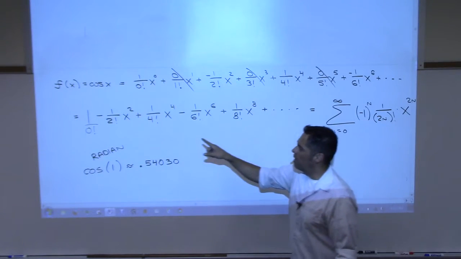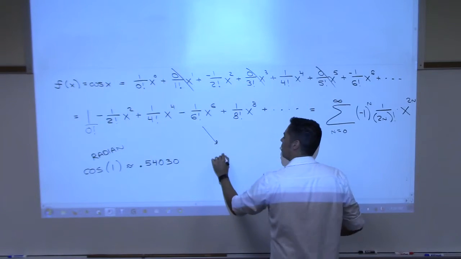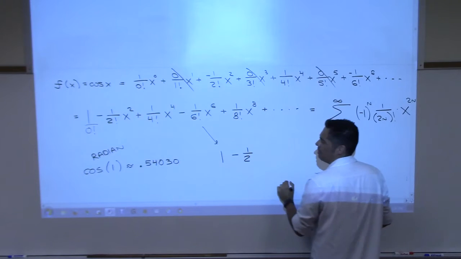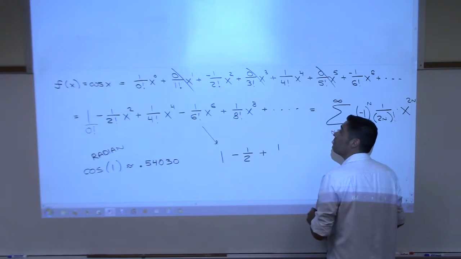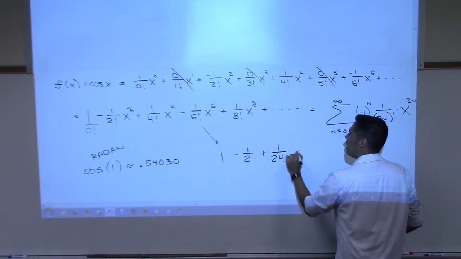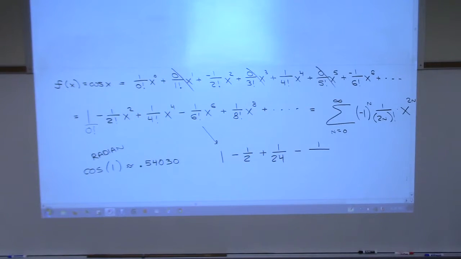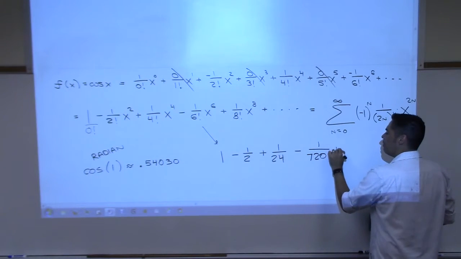So let's plug 1 in for x. What would that be up there if I plug 1 in? 1 minus 1 over 2 factorial, that's 1/2, right? Plus 1 over 4 factorial, 4 factorial is 24, minus 1 over 6 factorial. I think it's 120 times 6, 720. Plus dot, dot, dot.